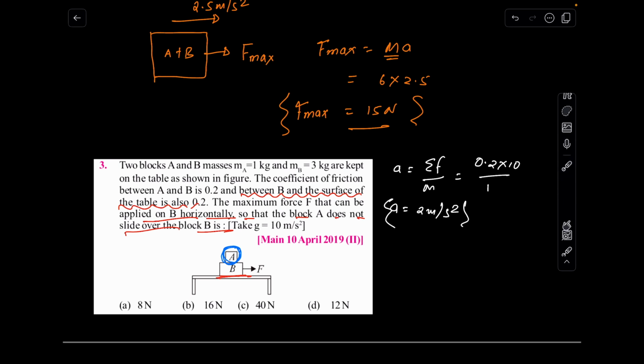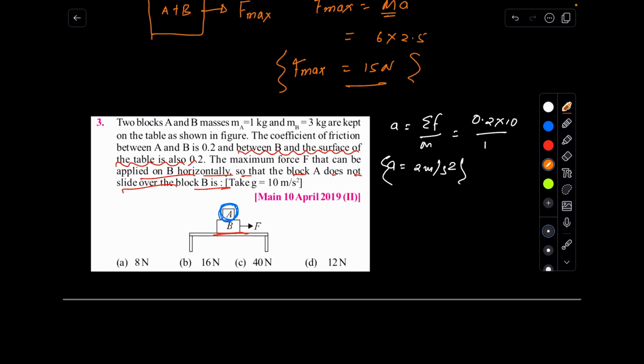Now we need to find out the force which will cause this acceleration of 2 meter per second square. So look, I will take A plus B together. Understand it carefully. I am going to take A plus B together, and you are applying a force F, and they are moving together with the acceleration of 2 meter per second square.